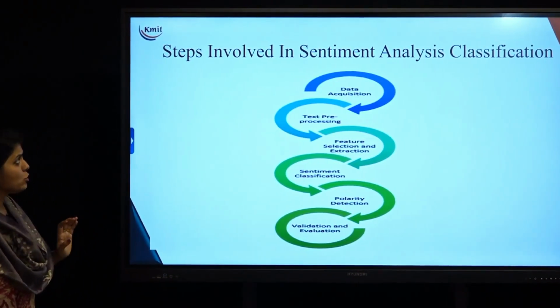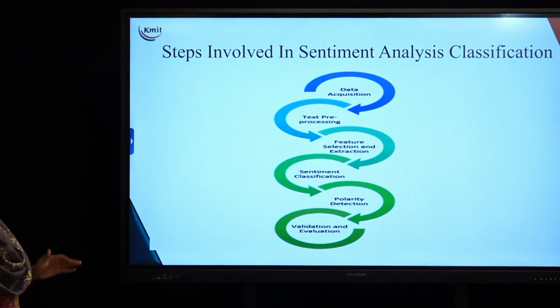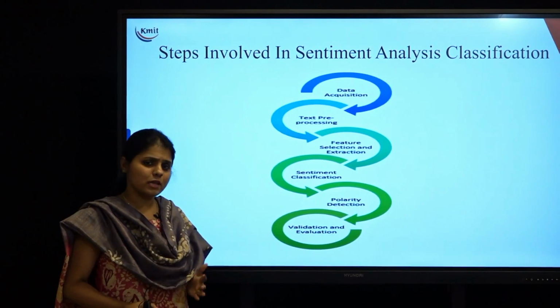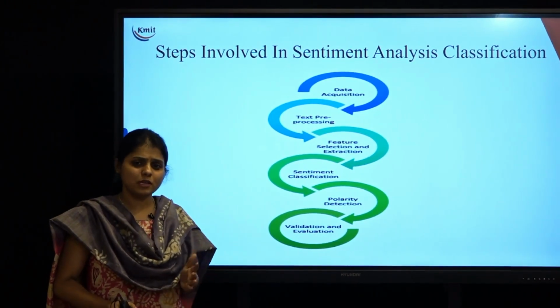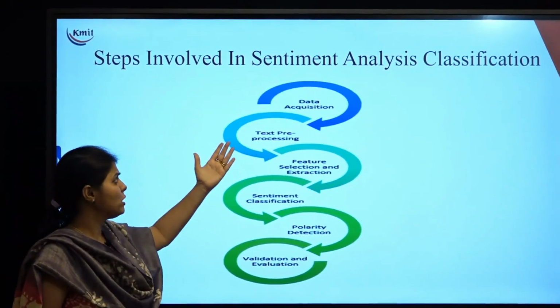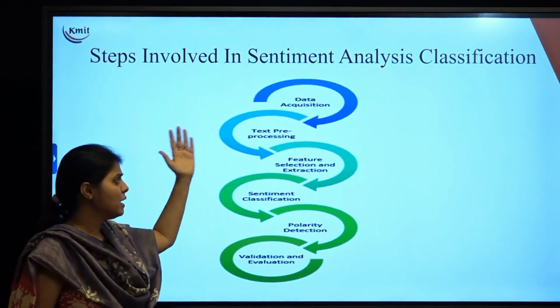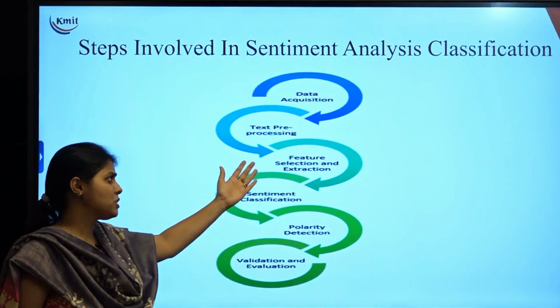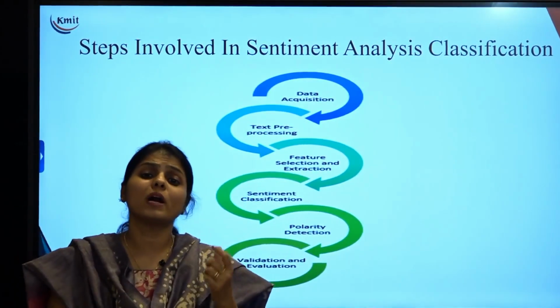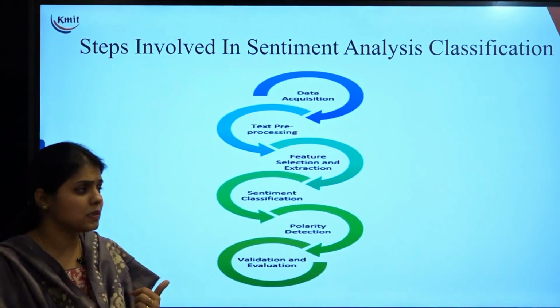Next, when you look into the steps involved, it is more or less like how we process other algorithms like machine learning and deep learning. How did we process other algorithms? It is the same thing. First is data acquisition, collecting your data, text pre-processing, and then feature selection and extraction, wherein we consider words and word embeddings here, which I am going to discuss in the next session.